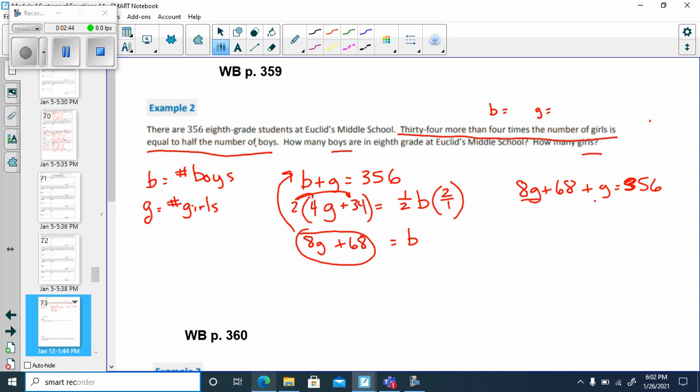Now, we can collect like terms. This gives us 9G plus 68 is equal to 356. Subtract 68 from both sides. Use your calculator in that case. And 9G would be equal to 356 minus 68, which is 288.